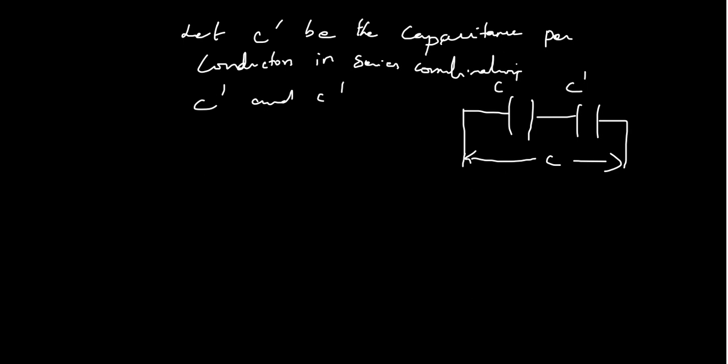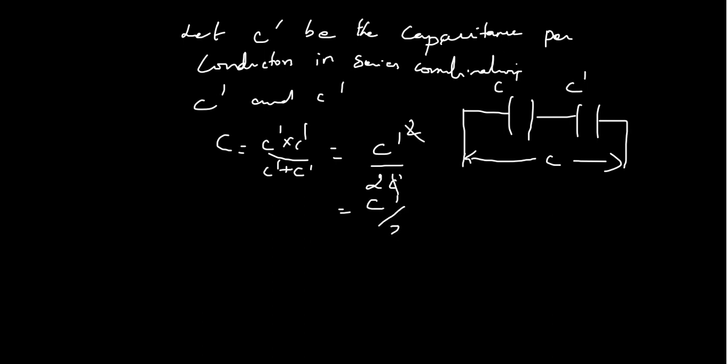Here this is given by C is equal to C prime into C prime divided by C prime plus C prime, which is nothing but C prime square by 2C prime. C prime and C prime will get cancelled, so you will get C is equal to C prime divided by 2, and C prime is equal to 2C.